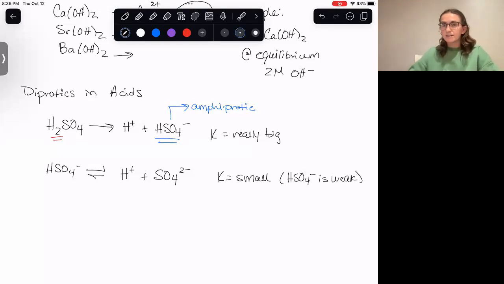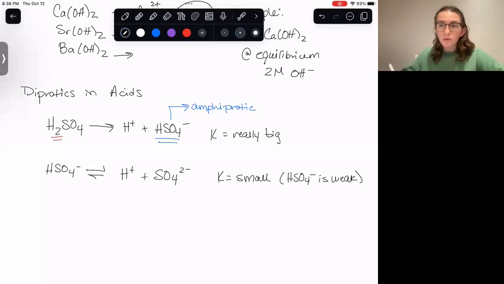HSO4 minus is a weak acid even though it came from something strong. So the conjugate base of the strong acid is now a weak base that turns into your acid, forming an even weaker conjugate base, okay?